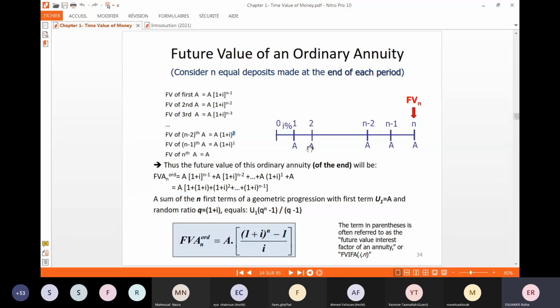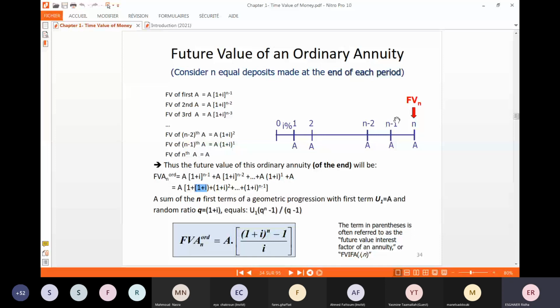The common ratio, the amount that is repeated each year, is 1 plus i. It is 1 plus i power 0 here, which is 1, 1 plus i power 1, 1 plus i power 2, until 1 plus i power n minus 1. From power 0 to power n minus 1, we have n terms. From 1 to n, we have n terms.